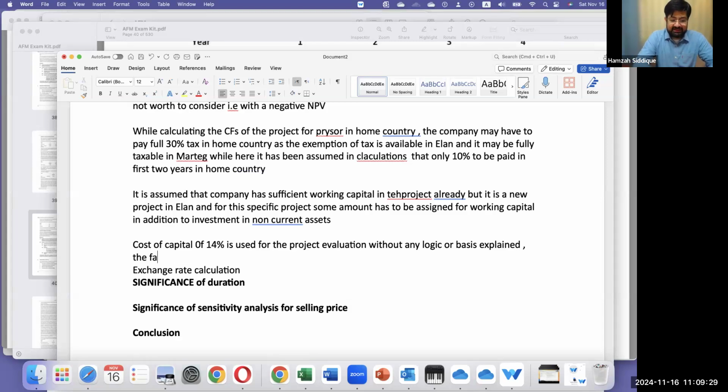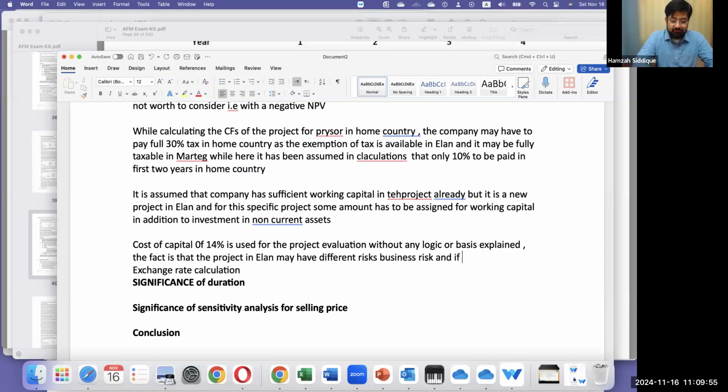The fact is that the project in Elan may have different business, different risk attached. Yes, business risk.